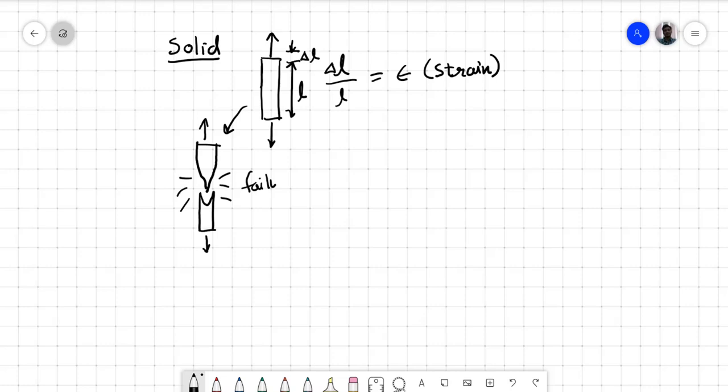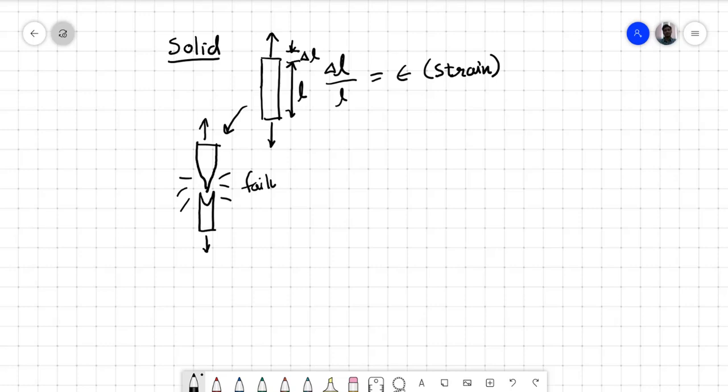If you consider any element of fluid here, this is a small element that I have zoomed into. There is a force on the left face and there is a force on the right face. So these two are equal and opposite forces. They may not be equal.